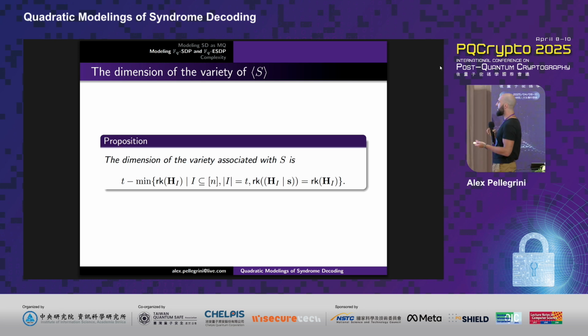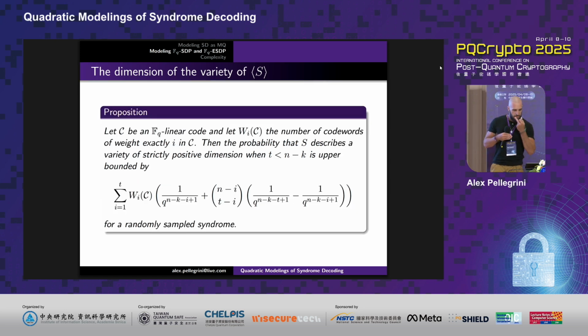Okay, when is this zero dimensional, right? That's what we want. Well, we have that for T smaller than n minus k, and W_i^C being the number of codewords of weight exactly i in C, so W_i^C is basically the weight distribution of C, the probability of having a positive dimensional variety is given by this formula here.